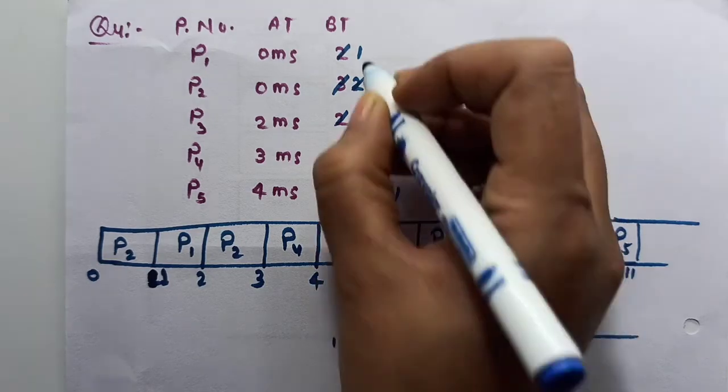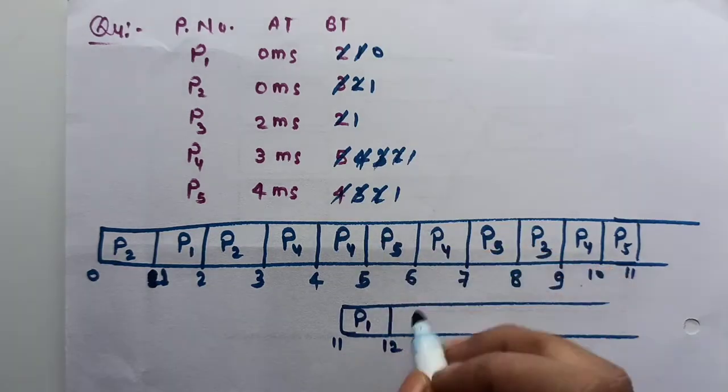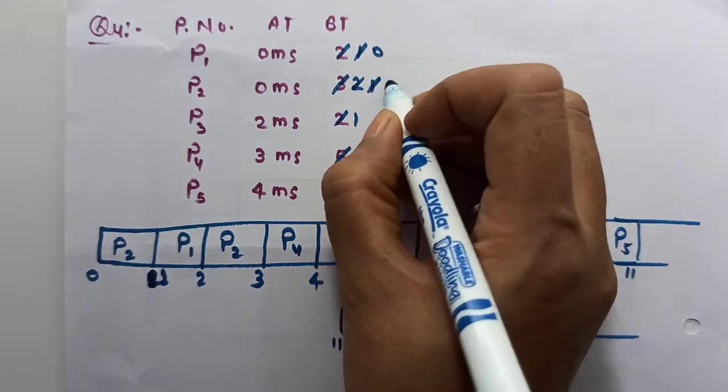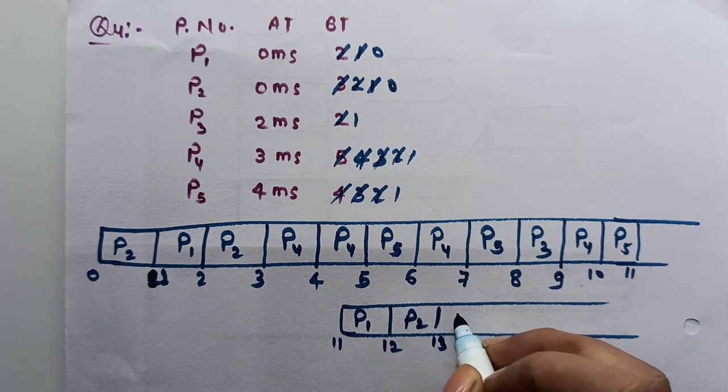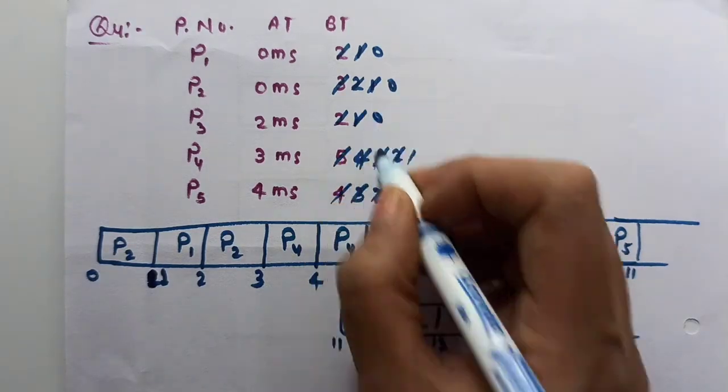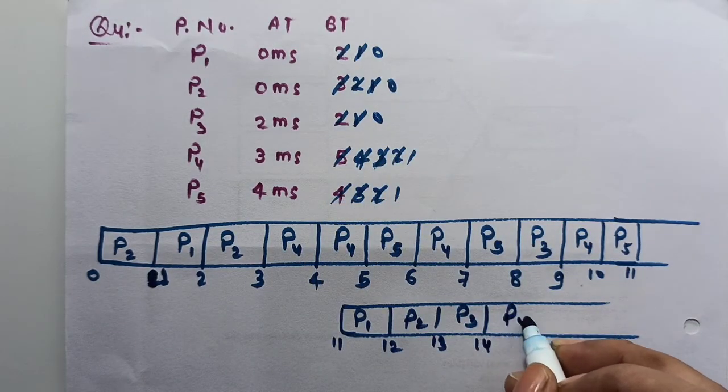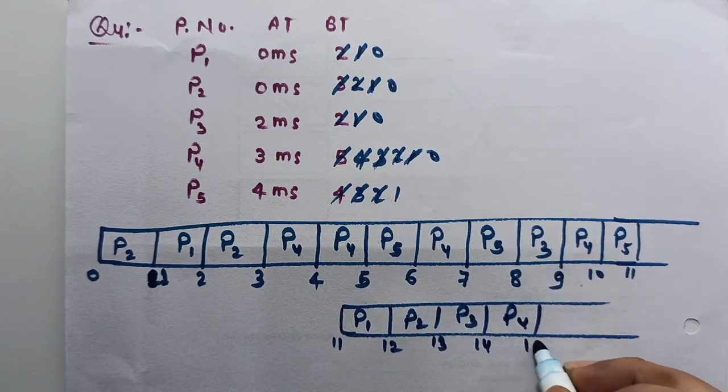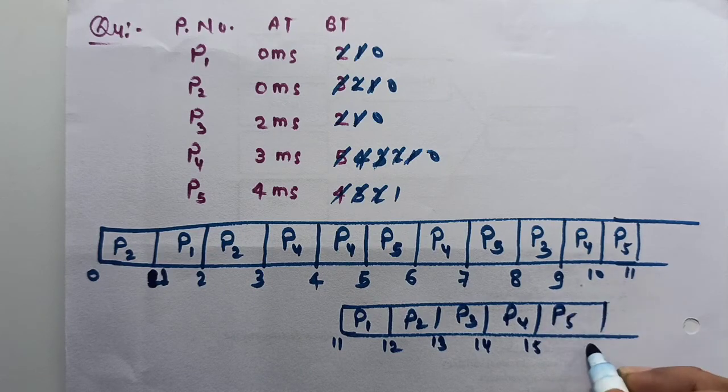For how much time? 1 unit. फिर P2 1 unit, then P3 1 unit, then P4 1 unit, then P5 1 unit. So total time taken to execute all these 5 processes using the LRTF scheduling algorithm is 16.